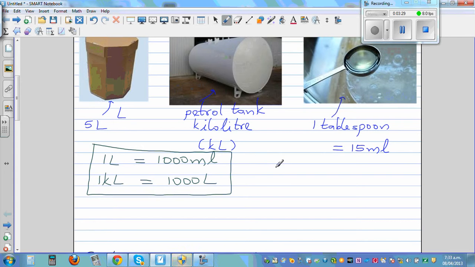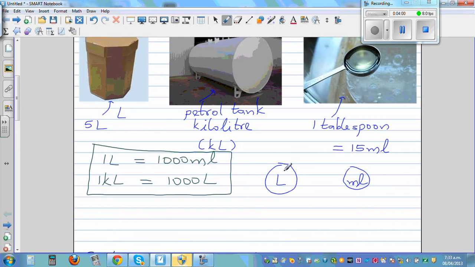So it'll be good always to draw a conversion chart. Let me do it in 2 separate circles, so that it will not confuse you. Suppose you want to convert from liters to milliliters, or milliliters to liters.